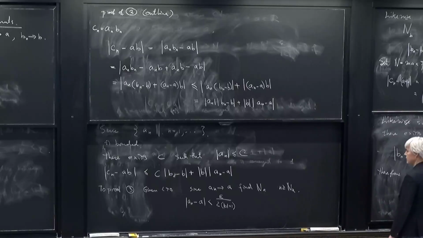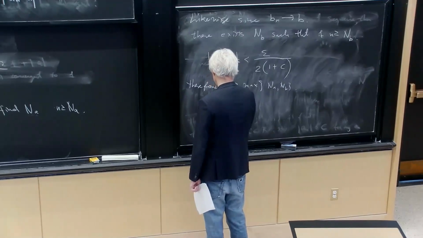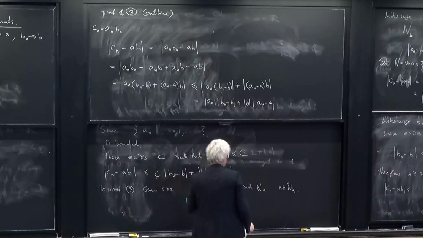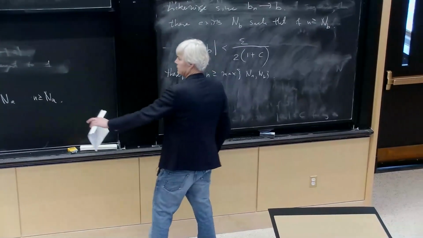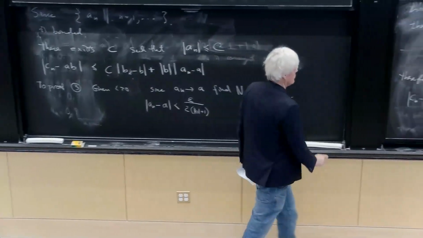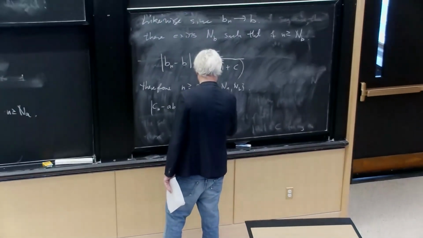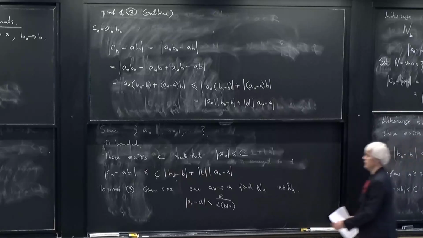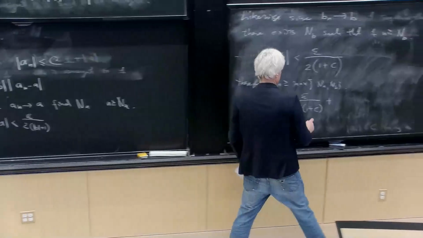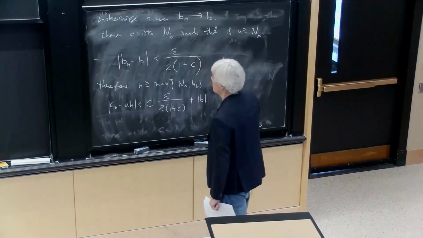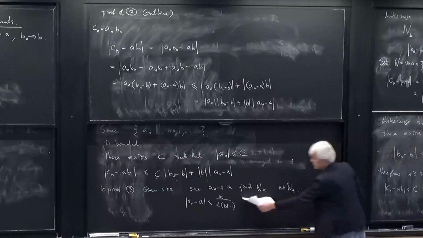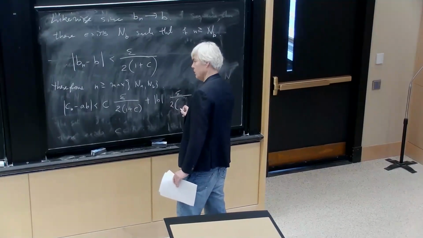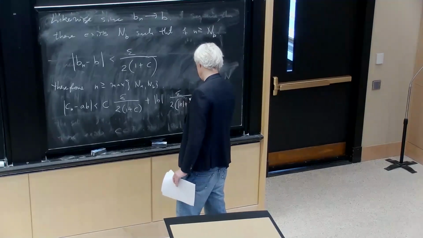And so this means that you now have that Cn minus A times B, this thing here, so we had it here, this is less than C, and then this difference here was now assumed to be epsilon over 2, 1 plus C, and likewise, this thing here is bounded by this number here times this thing here, so epsilon over 2 absolute value of B plus 1.